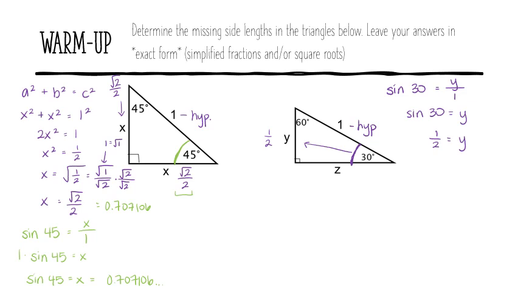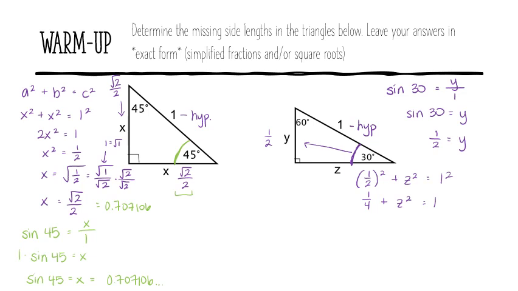Now I could do the same thing. I could use trig to solve for z. I'm wondering though, what if I actually use the Pythagorean theorem? Why not? So again, we've got a squared plus b squared equals c squared, but that's actually in this case going to be 1/2 squared plus z squared, my other leg, is equal to 1 squared, or 1/4 plus z squared is equal to just 1.